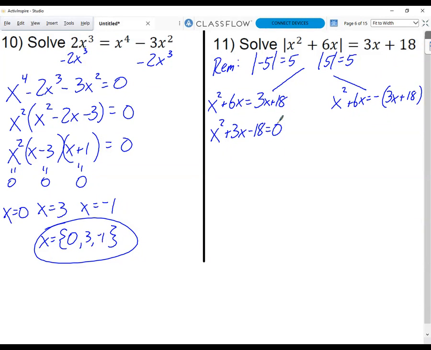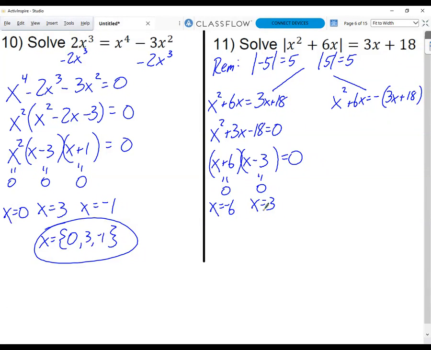And then try to factor that one out. This factors out: factors of negative 18 that add up to 3. So we say positive 6, negative 3. That works out. So each of these equal to 0. So x equals negative 6, x equals 3.